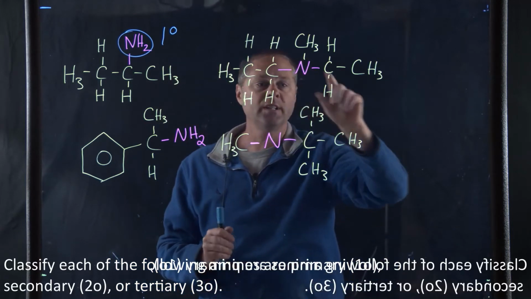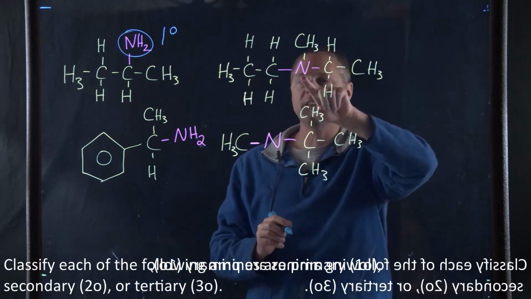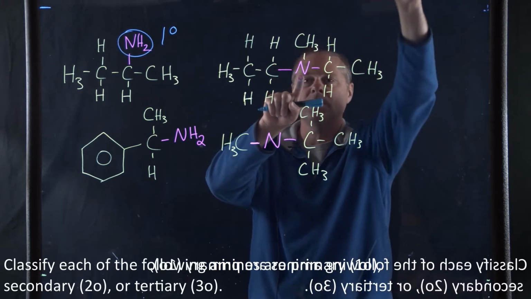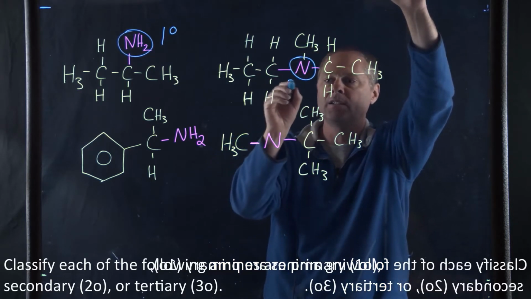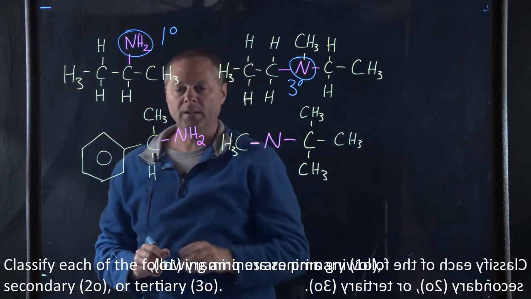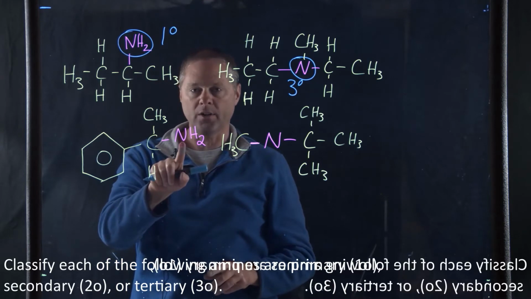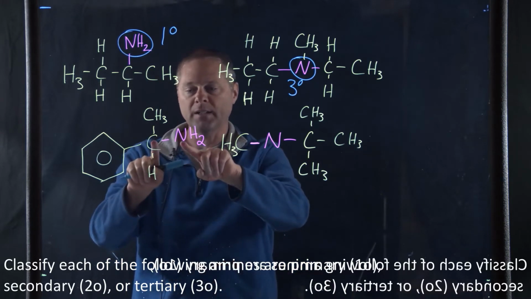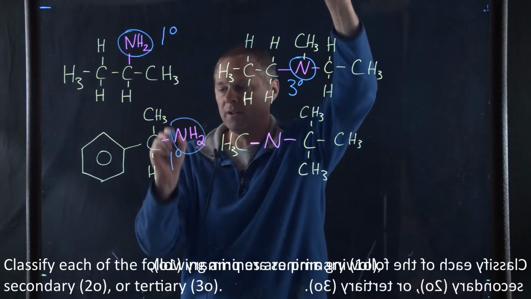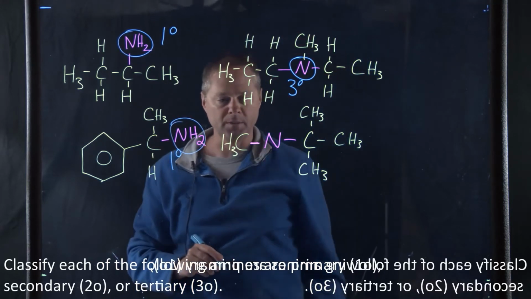We come over here to the next one. We see that this nitrogen is bonded to 1, 2, 3 carbons, and so this amine is going to be a tertiary amine. We come down to this amine group right here. This nitrogen is bonded to only 1 carbon, and so this is going to be a primary amine.